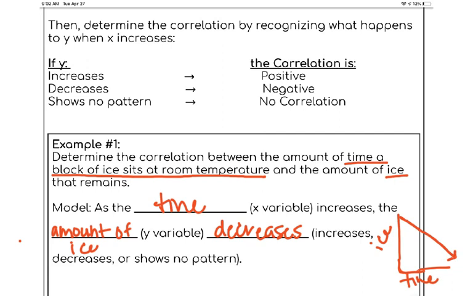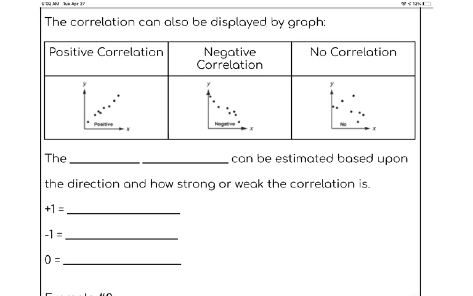So this is going to be a negative correlation. It can also be displayed by a graph. A positive correlation looks like this. A negative correlation looks like this, and no correlation kind of looks like this. There's really not a way that you can put a line in.